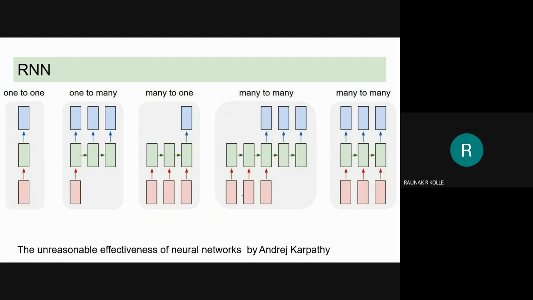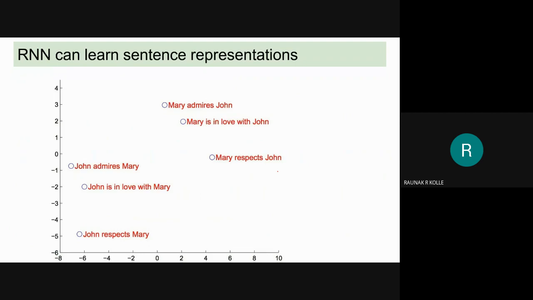That is a fewer number of inputs and larger number of middle layers and the same number of outputs as the inputs. Notice how the number of inputs and the number of outputs is always to remain the same. Recurrent neural networks can learn sentence representation. So this is a graph of the different sentence representation.